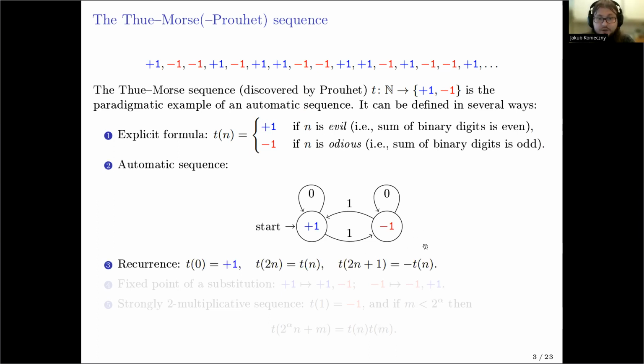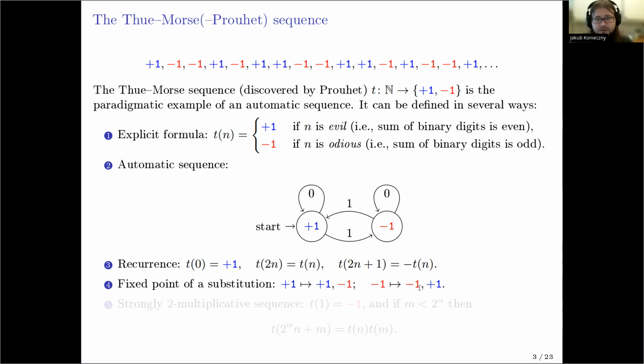It's given by a recurrence formula, which just defines t(2n) and t(2n+1) in terms of lower values. It's a fixed point of a substitution, meaning that you start with a plus 1, then you change every plus 1 to plus 1 minus 1, and every minus 1 to minus 1 plus 1.